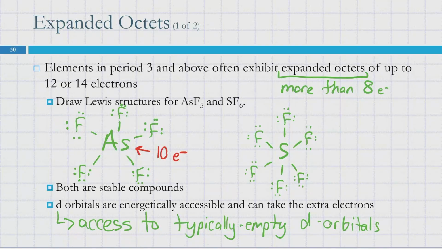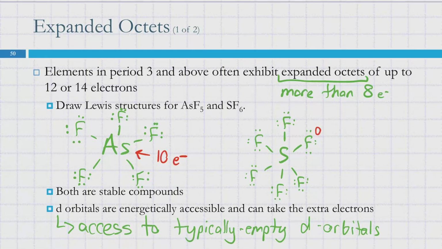So each of our fluorines have formal charges of 0 in both of these cases. And our sulfur and arsenic also have formal charges of 0, despite them having 10 and 12 electrons.